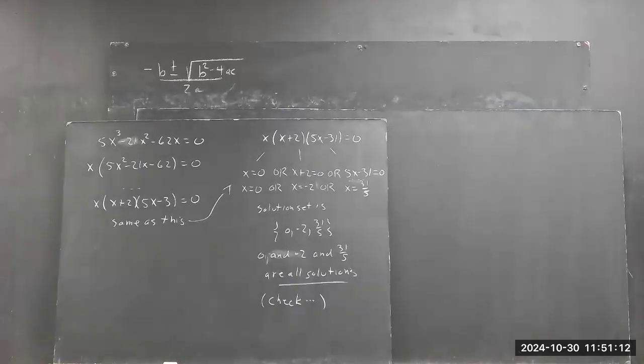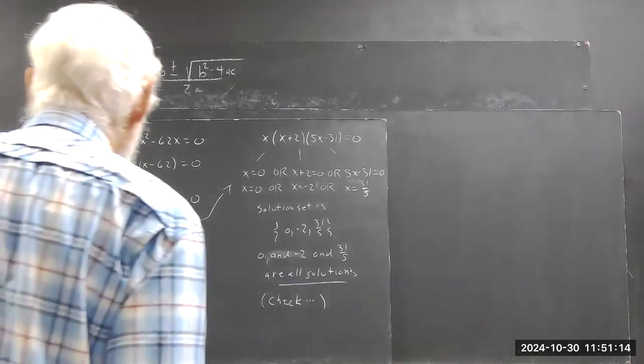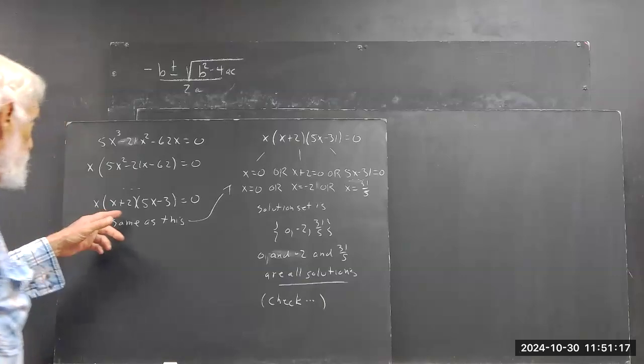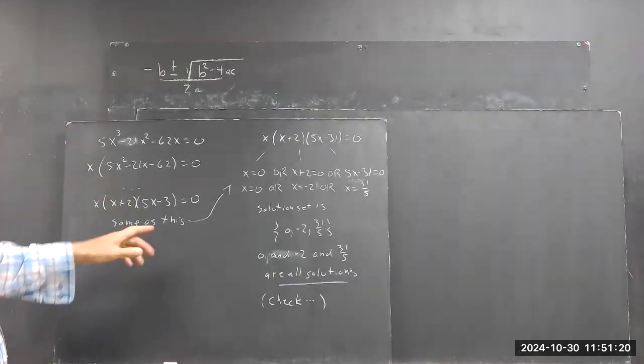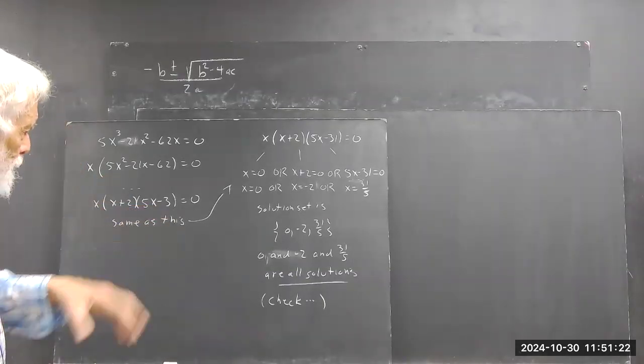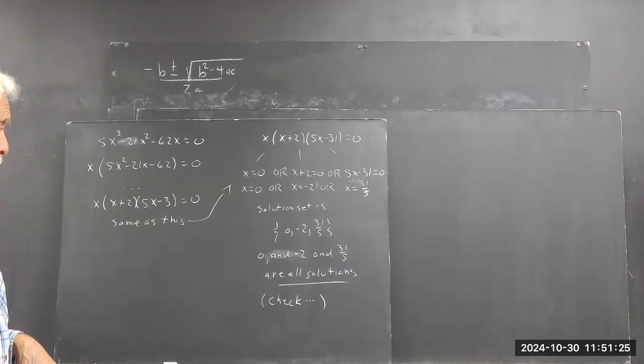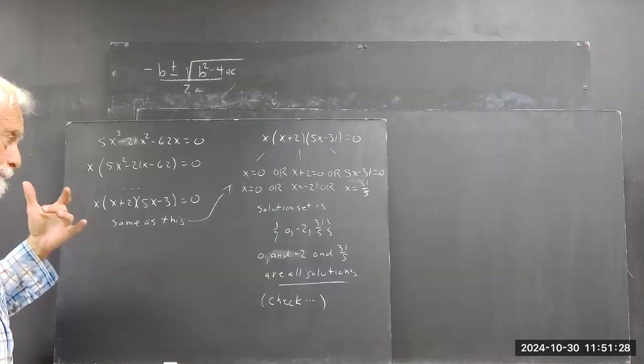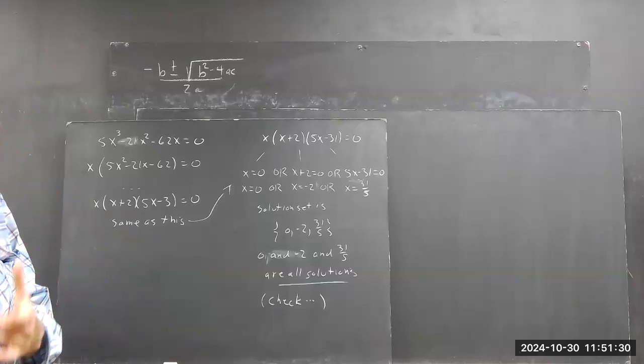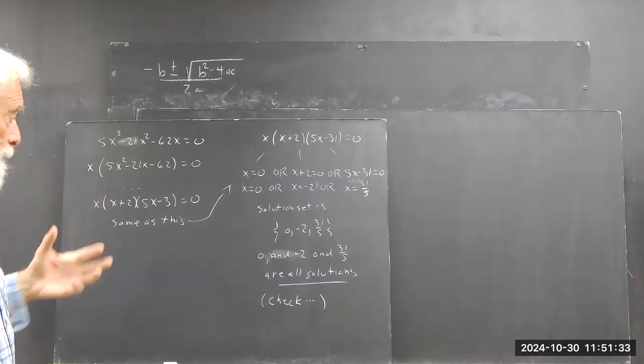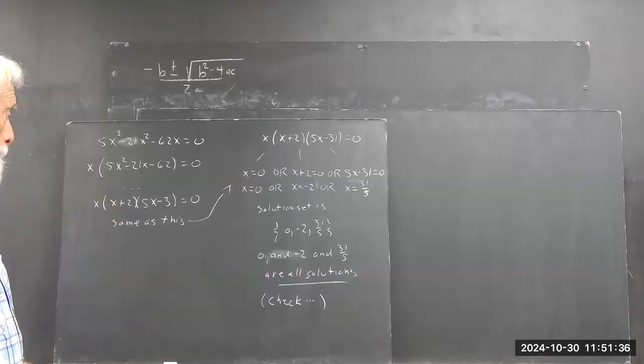Nobody quite got it right, but some people, instead of getting x plus 2, got something like 5x plus 10, along with the 5x minus 3. So there's a little glitch with the algorithm. I wasn't able to see all the details of how some people worked through that, because it kind of scratched over to the side. But again, that should be easy to fix.